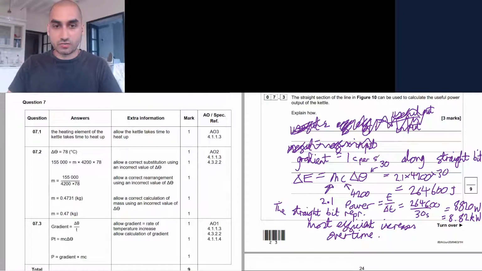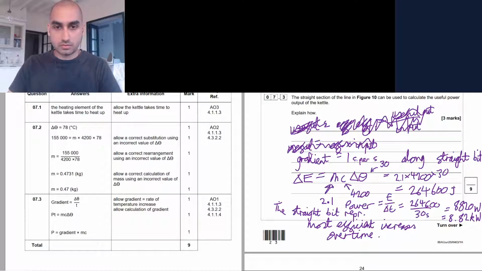Straight bit represents most efficient increases over time. Gradient equals change in temperature per time. I did say that here. PT equals MC. Yep, I've got that formula. Gradient times MC.